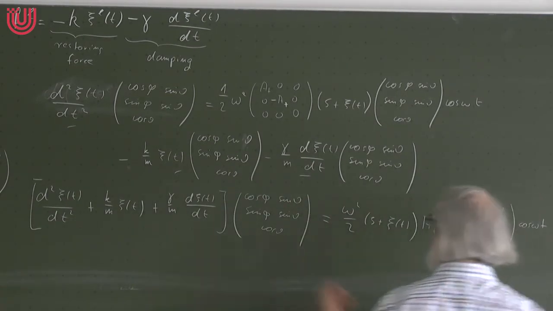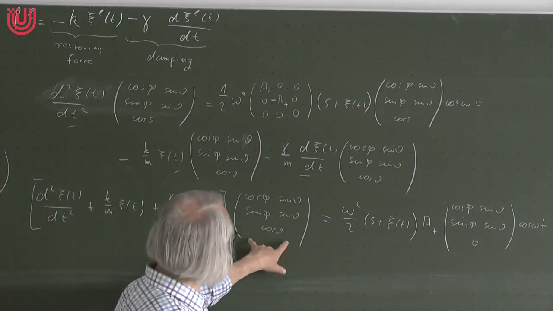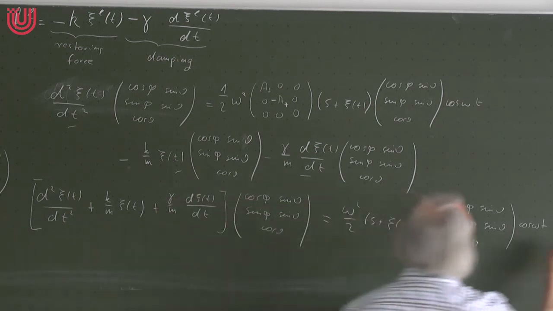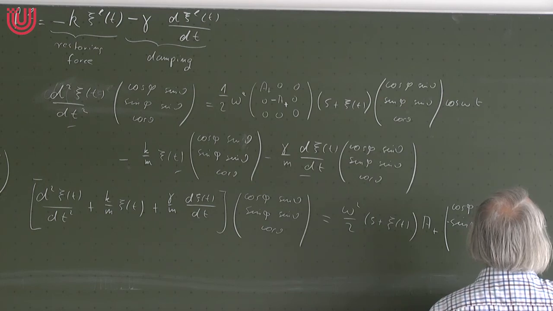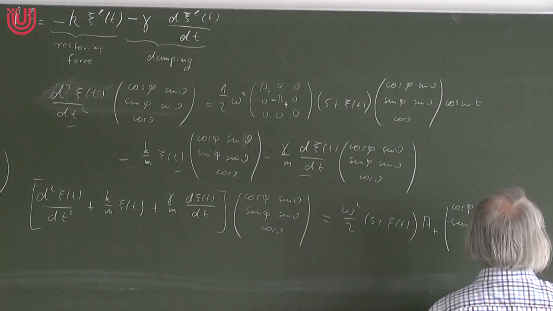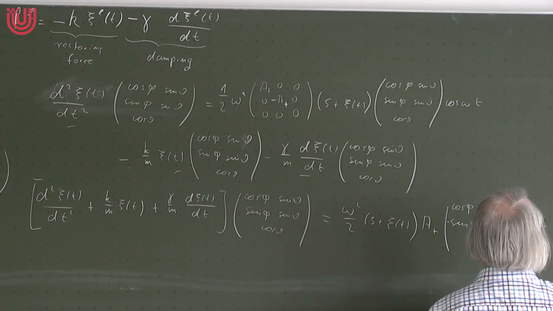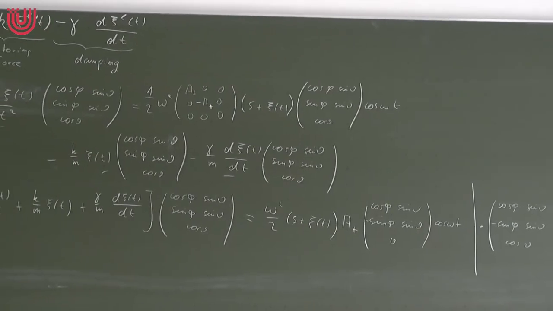In order to get rid of these inconvenient direction vectors, I multiply everything in the sense of the scalar product with this vector. So I multiply everything with cosine phi sine theta, minus sine phi sine theta, cosine theta. Then this gives just the 1 because this is a unit vector, right?